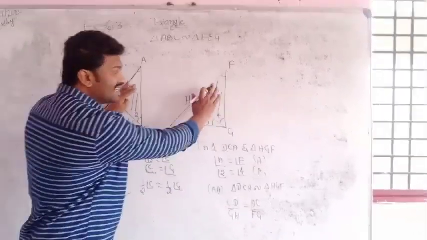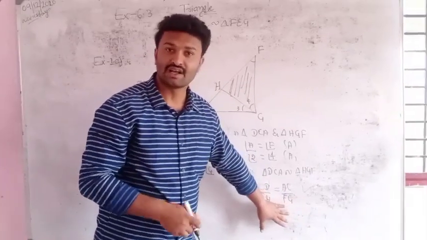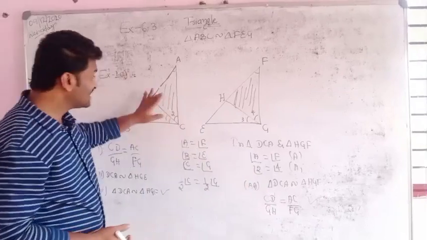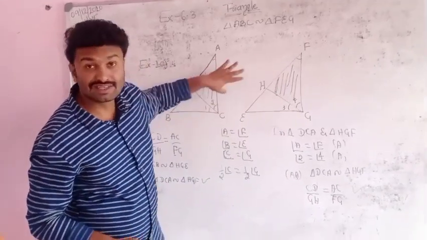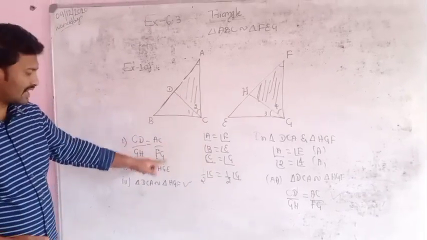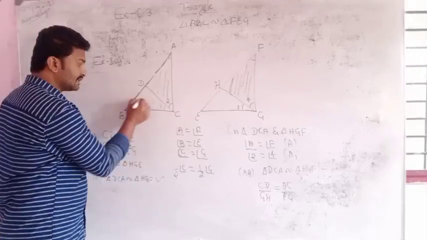If both triangles are similar, then the ratios of their corresponding sides are equal. Both ratios are in the corresponding similar triangles. Yes or no? We got the first one also and the last one also. Then the last one, we have to prove this triangle.